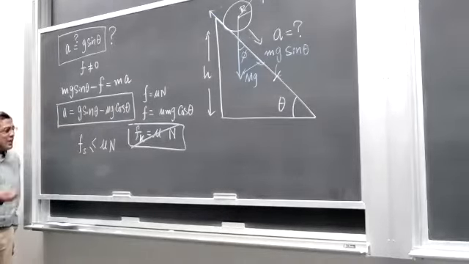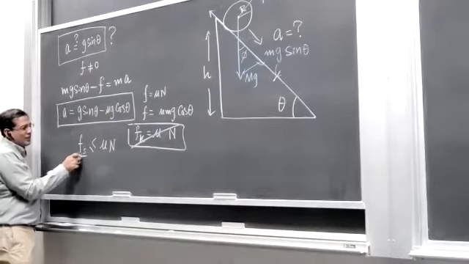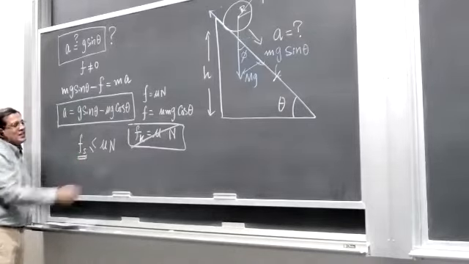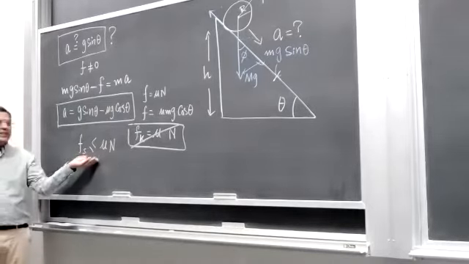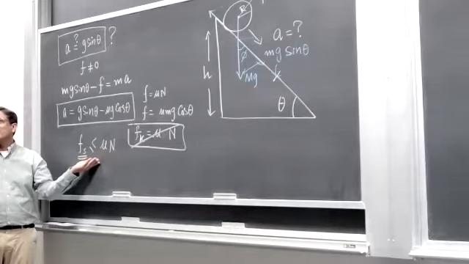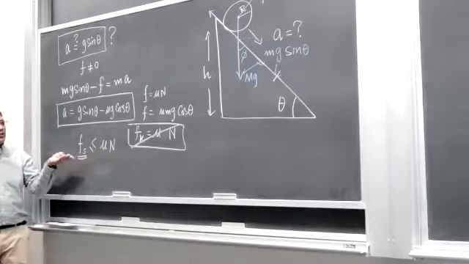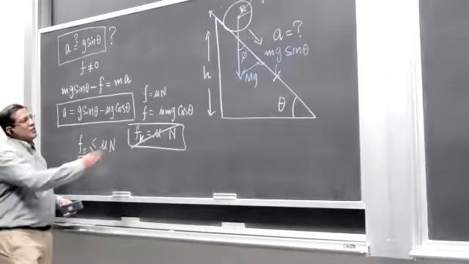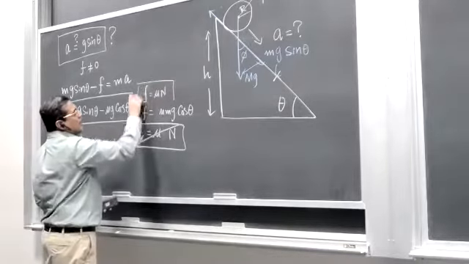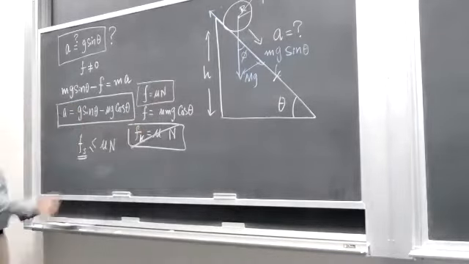But we have no way of knowing what this friction is. All we know is that its maximum value is mu n, but it can be anything. Friction is there, but we don't know its expression, so we cannot use this formula now that we used before in this case.